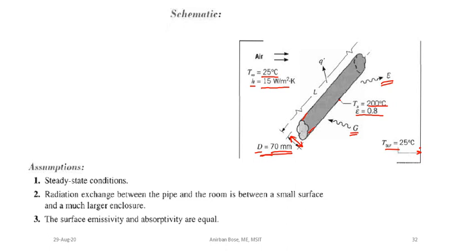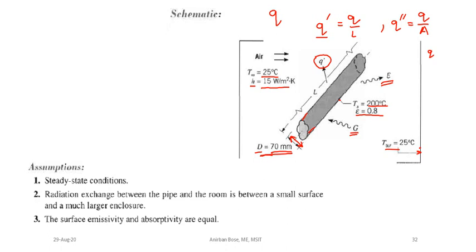So this is the schematic, and you have to find out the rate of heat loss per unit length. The symbol used for per unit length is q prime, because you know that q is the rate of heat transfer. q prime is the rate of heat transfer per unit length, and heat flux, you remember, q double prime is the rate of heat transfer per unit area.